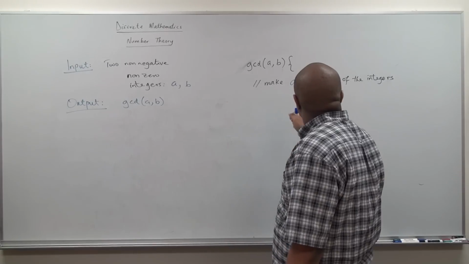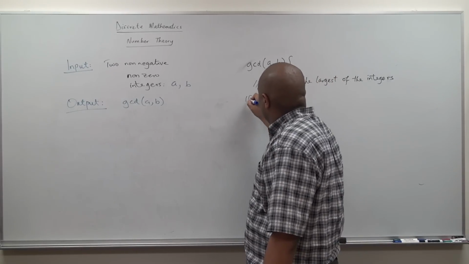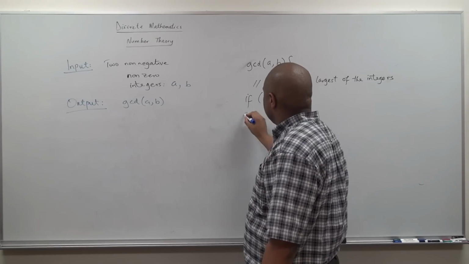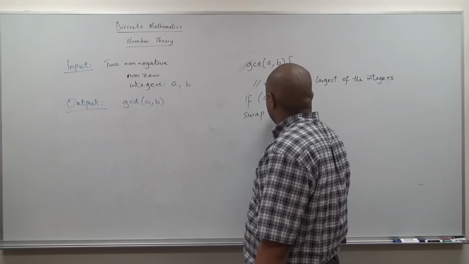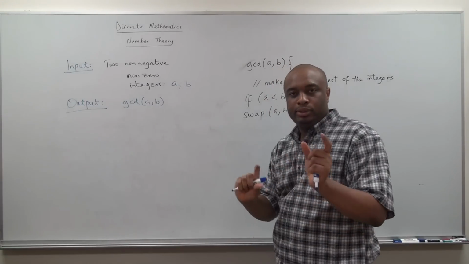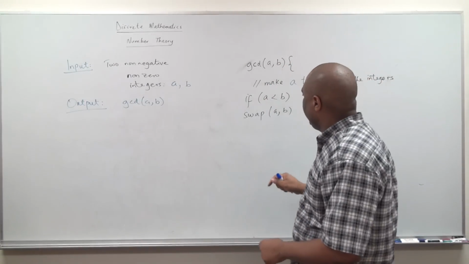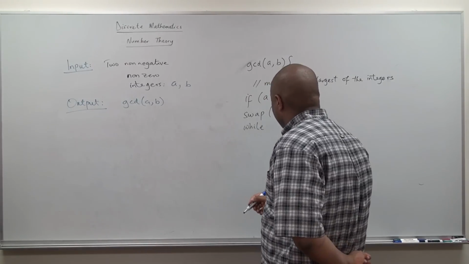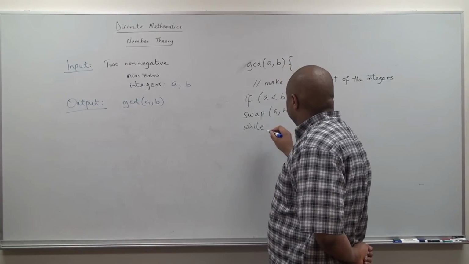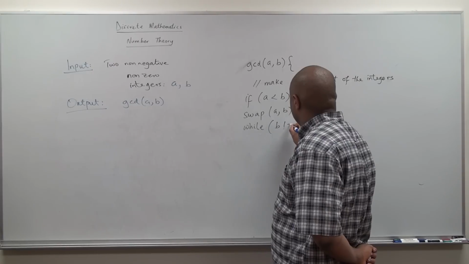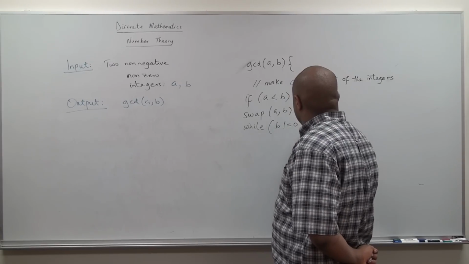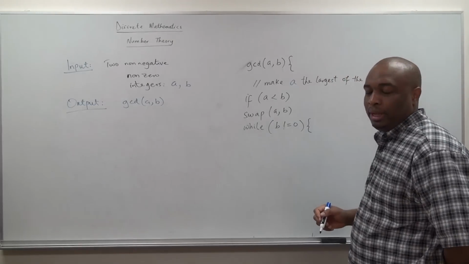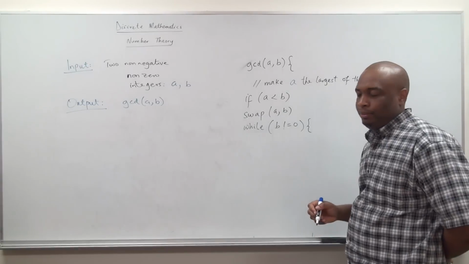Now, if A is less than B, you want to swap A with B. Okay? Then let's write a loop. While our B is not equal to 0, that's a while loop.